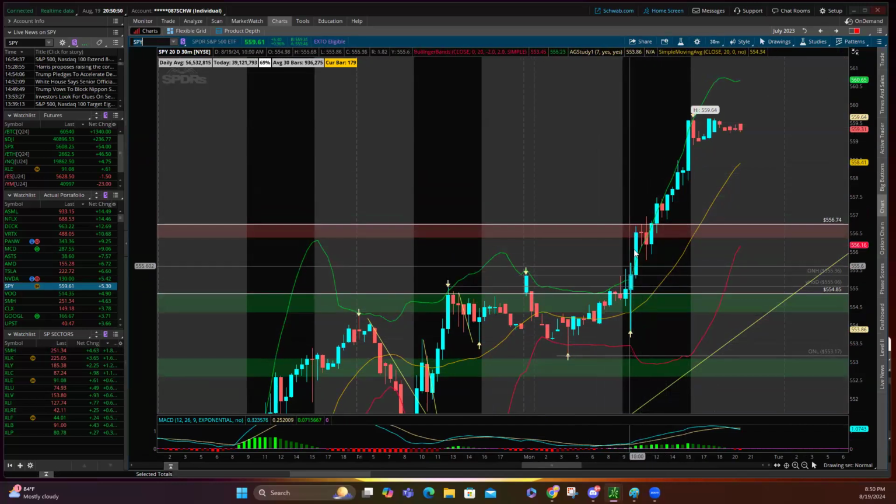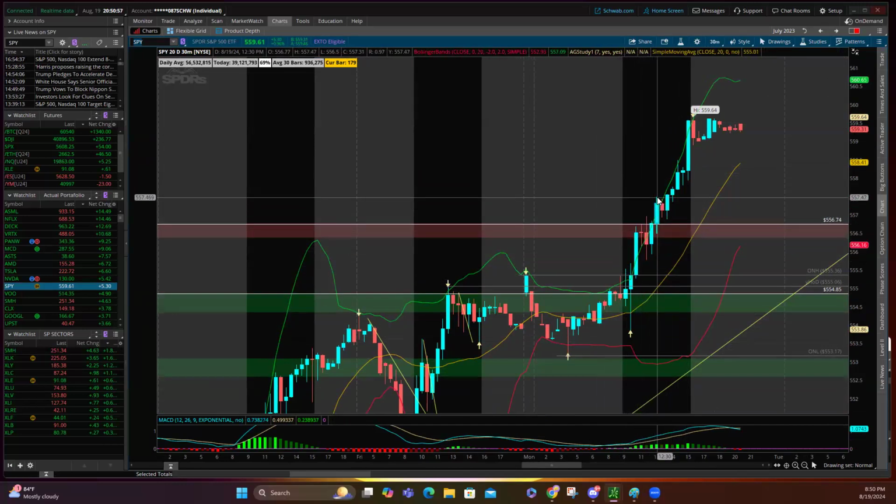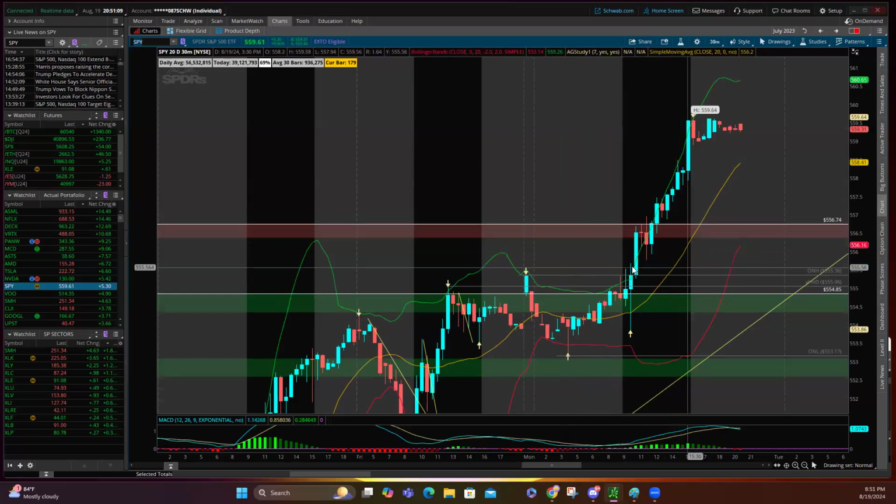But then I know I've got to be careful here because this is a rejection. We rejected, retested, and went up. There's no one magic way to just watch and have it work. You've got to be very aware of your price action, your dynamic levels and moves.